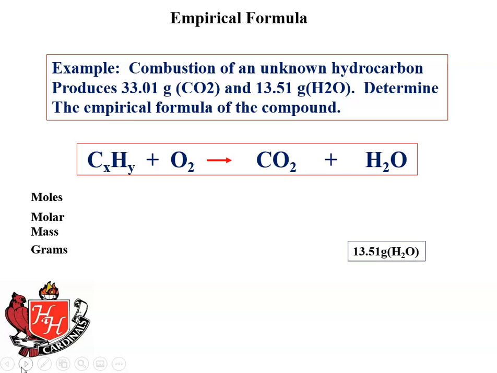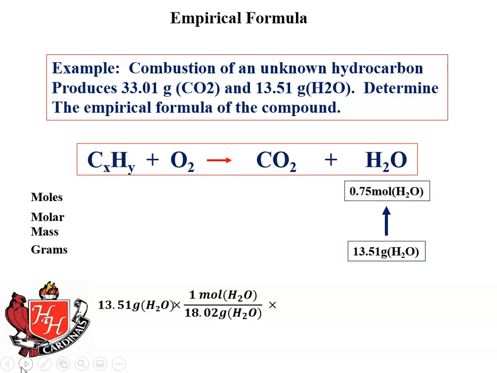Okay, so we start off with the number of grams that we were given, 13.51 grams of water. We do our molar mass conversion, and that's 1 mole for every 18.02 grams. So now we know that we have 0.75 moles of H2O, same as we had for carbon. It doesn't always have to be the same, it just happened to be in this problem. Now what we've got to do is figure out how many moles of hydrogen atoms we have for every mole of water.